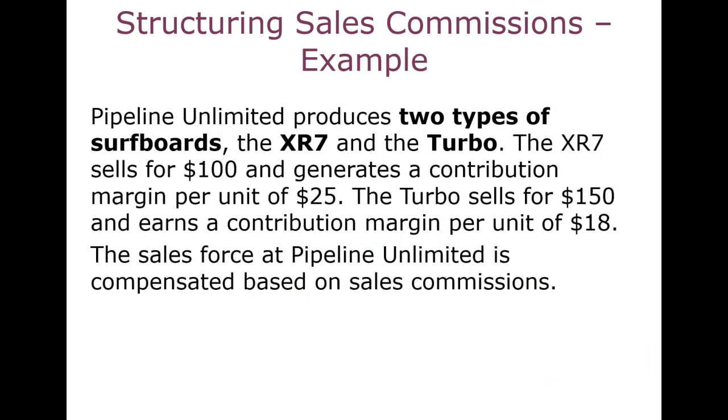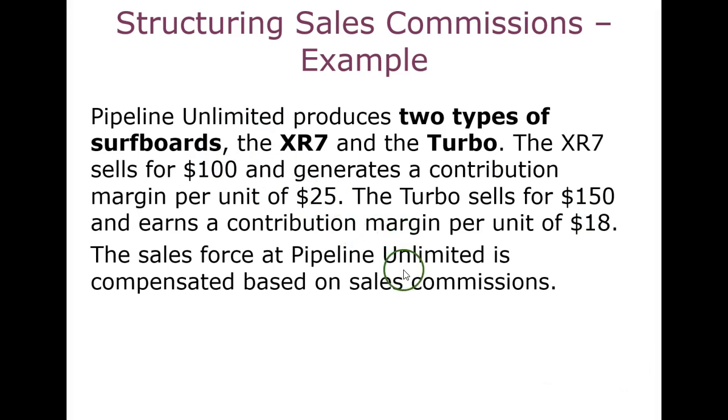Let's go back a slide. If you're compensated based on sales, you get 10% of your sales no matter which one you sell, you're going to sell this. You're the salesperson. You get higher commission. But if that's making the company lose sales on the XR7, the company's being hurt here because the company is only earning $18 contribution margin on this product compared to this one at $25.